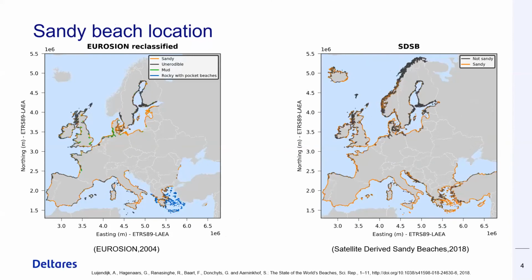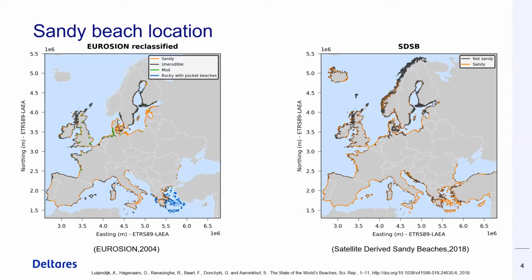Another really important piece of information when we want to do this study at the European scale is the location of the sandy beaches. During the last years, with remote sensing methodologies becoming available, these kinds of data sets have become available. An older data set at the European scale is the Eurosion project from 2004, which gave a qualitative description of the coast and divided it into specific morphological types.